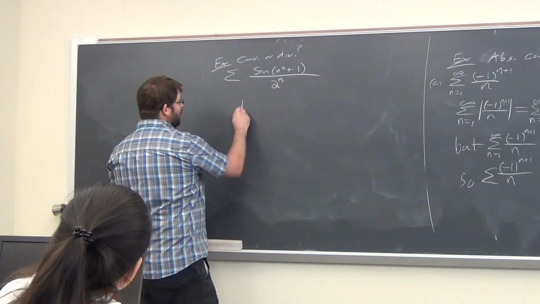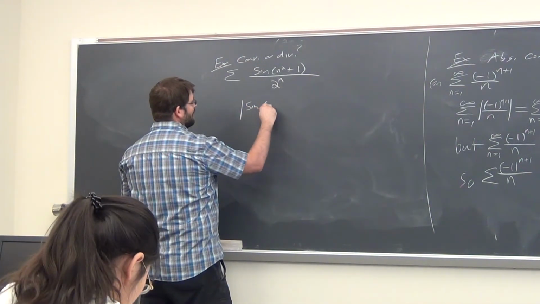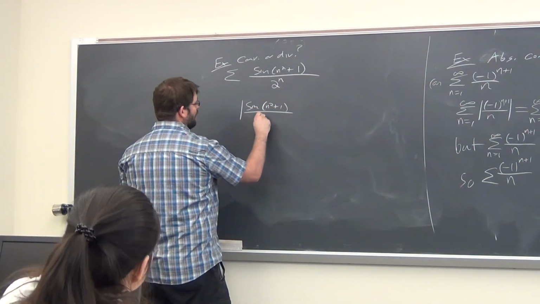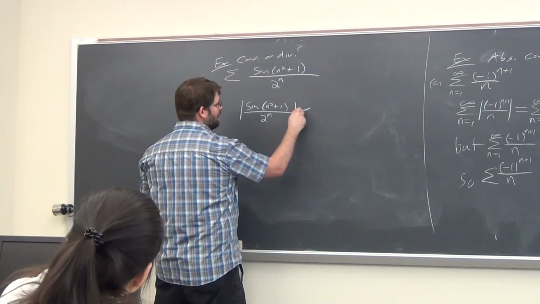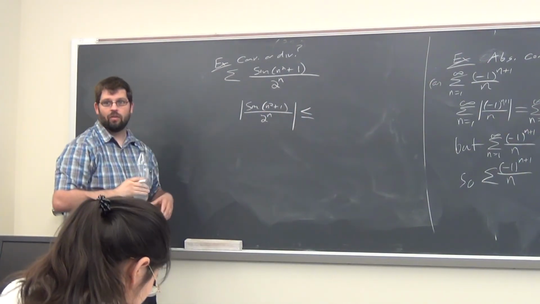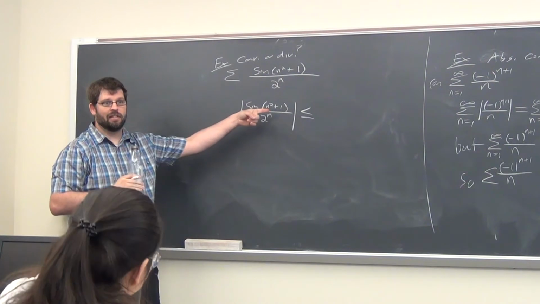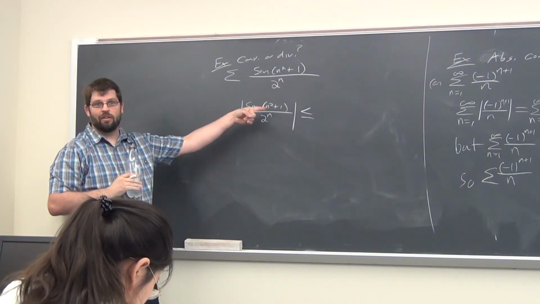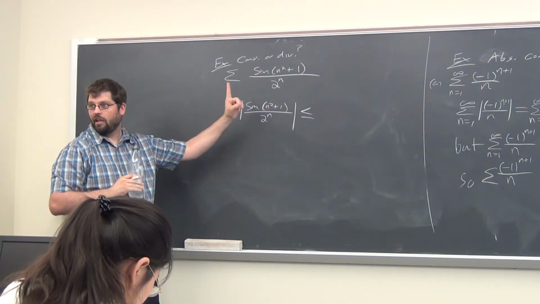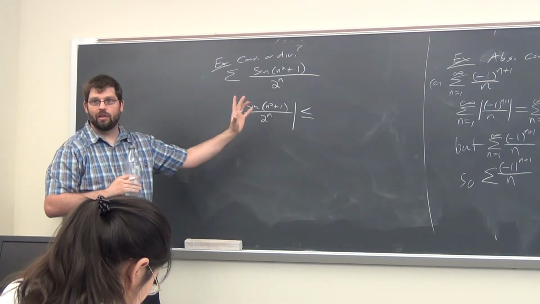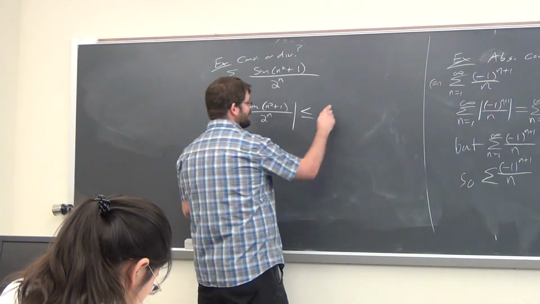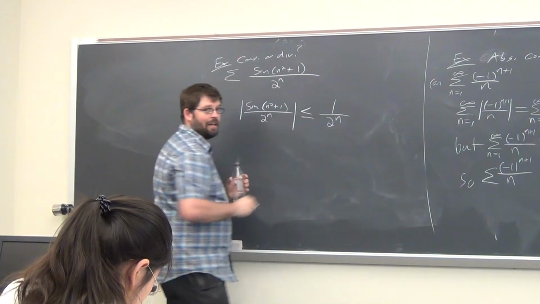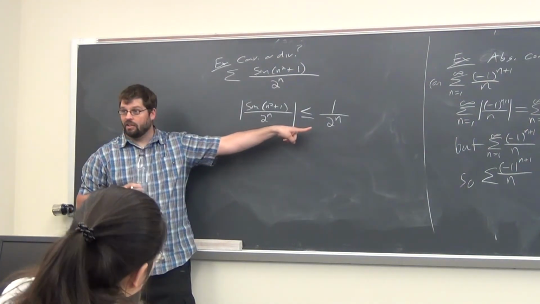And so the first thing we want to do is just say this. If I look at this guy, what bound can I put on it? What do we know about sine of anything? It's always smaller than 1 in absolute value, right? Sine's between -1 and 1. So this whole thing is less than 1 over 2 to the n. What do I know about that series?